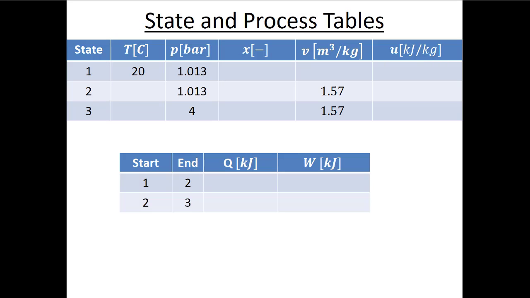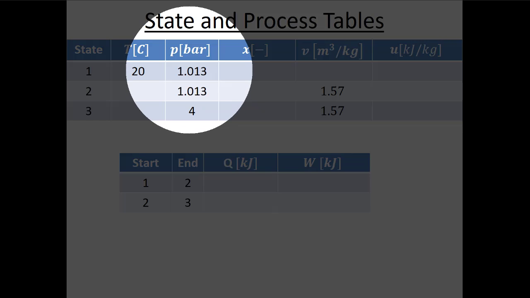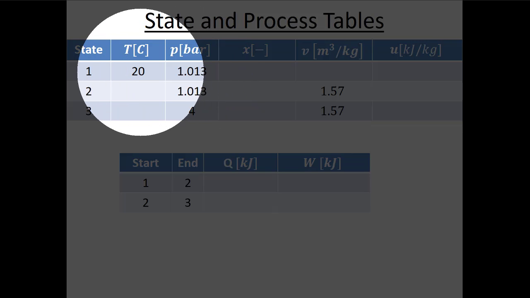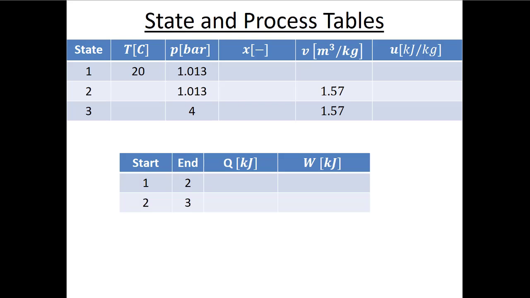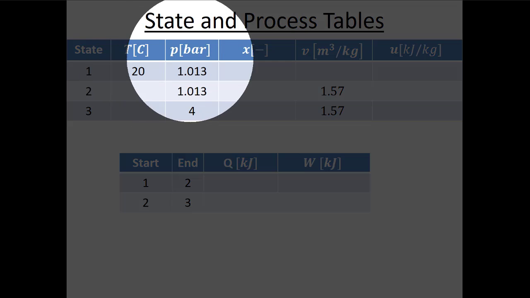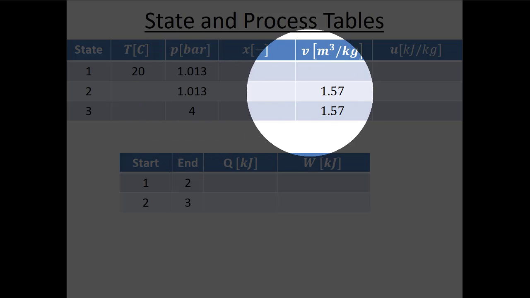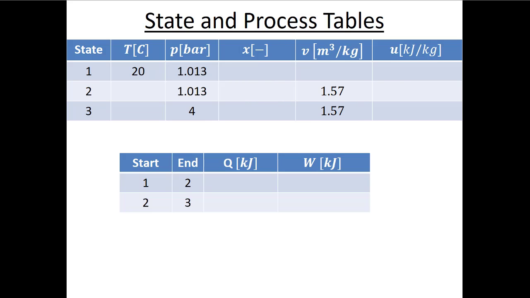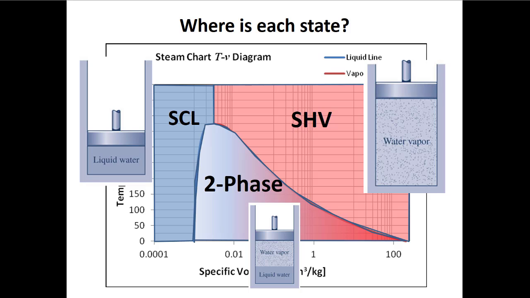And because I've spent my entire life here on Earth, where the pressure is usually around 1 bar, I know that water boils at a temperature that's going to be higher than 20 degrees Celsius, usually right around 100 degrees Celsius. So I feel pretty confident that this is not under the vapor dome. In this case, pressure and specific volume, those two things are always going to be independent. So I feel like even if I don't do the math yet, I can fix all 3 of these states.